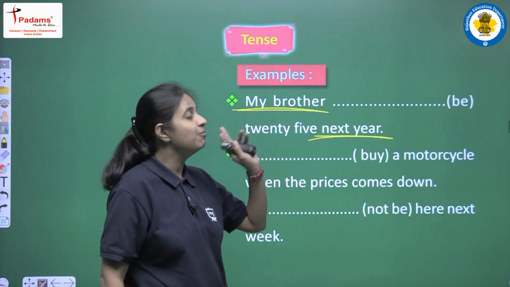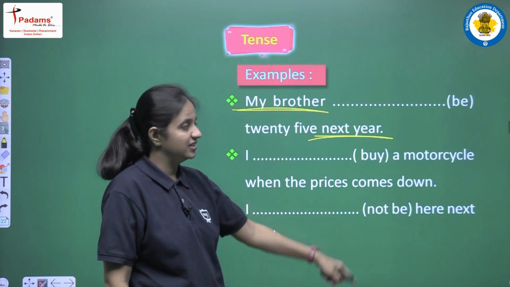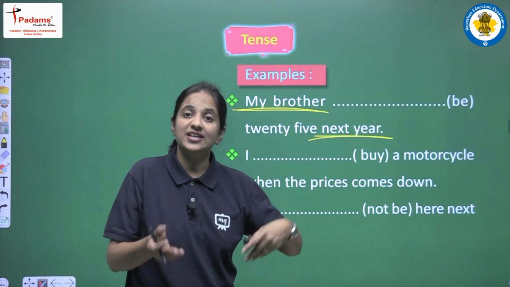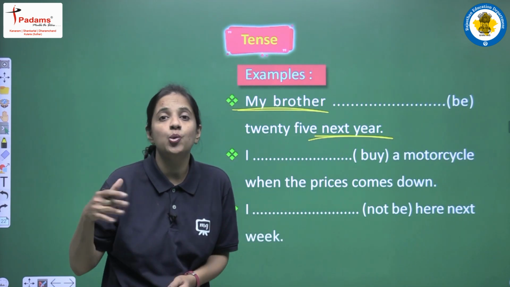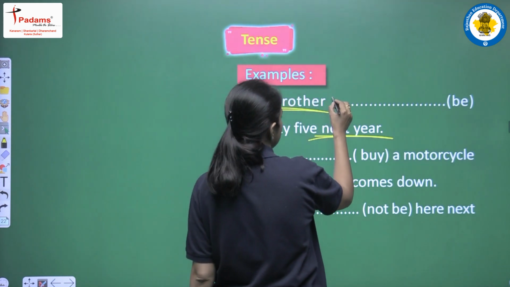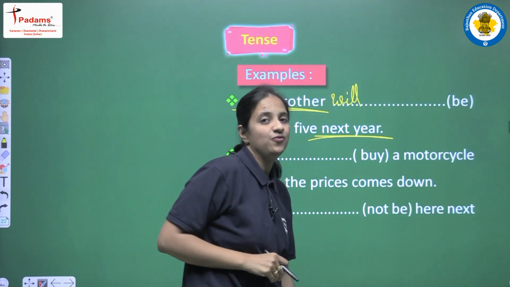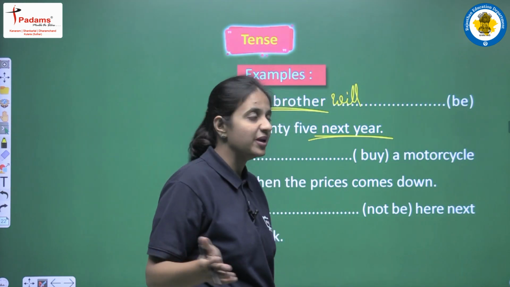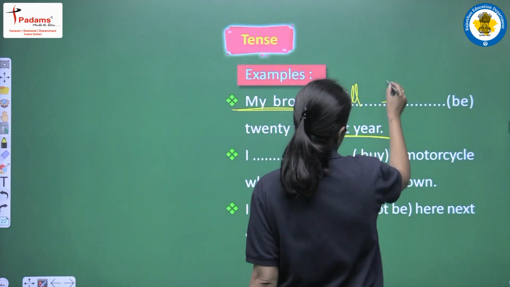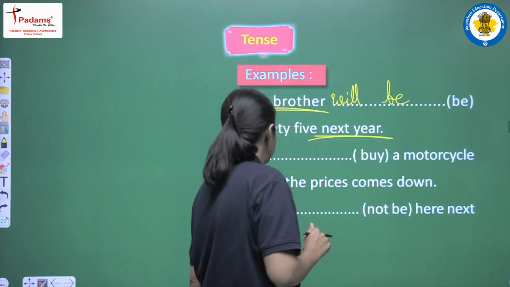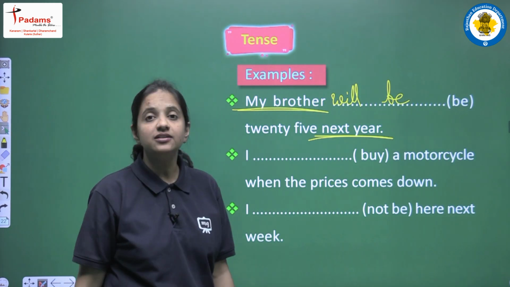So we are having my brother as a subject, brother is a noun. We all know that except I and we, for all the subjects we have to use what? Will. So for brother also we will use will, my brother will, and we have to use first form of the main verb. Main verb is be, that is already in first form, so we will write be here, and the sentence will be, my brother will be 25 next year.